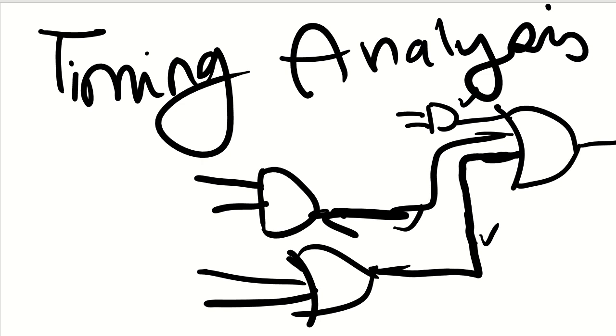Timing analysis is about propagation delays. Maybe the propagation delays here and here should be such that you always get the right output. Otherwise, you might get wrong answers. So that's where timing analysis comes to life.